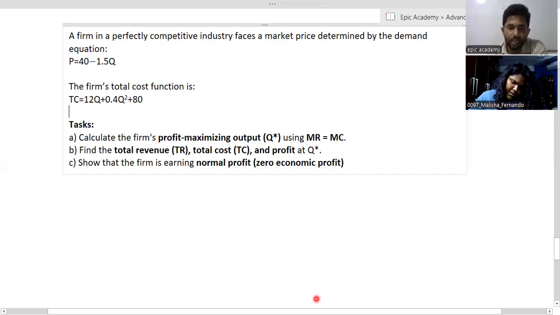TR equals P multiplied by Q. P is 40 minus 1.5Q, so multiply by Q. Then TR must be 40Q minus 1.5Q power 2.